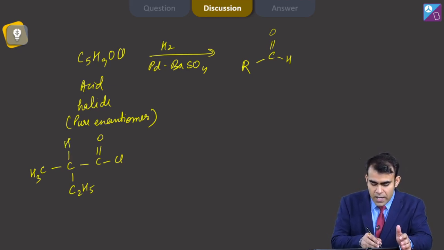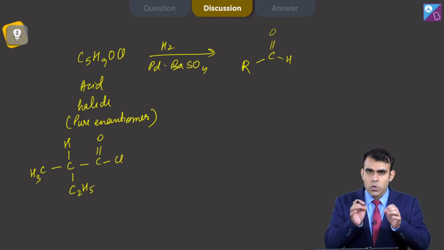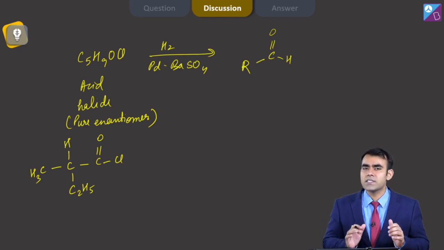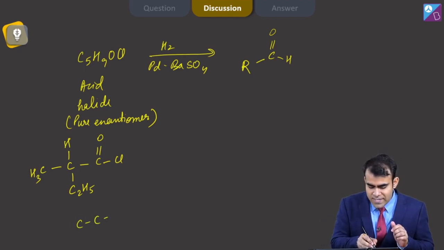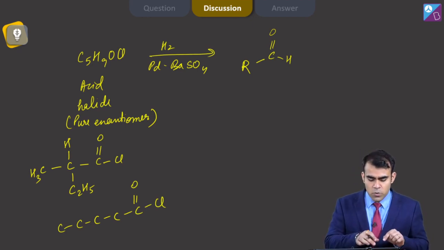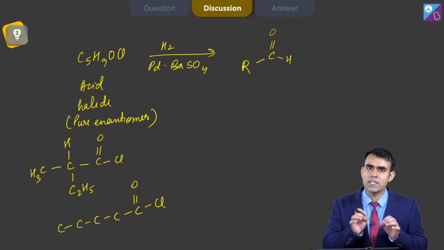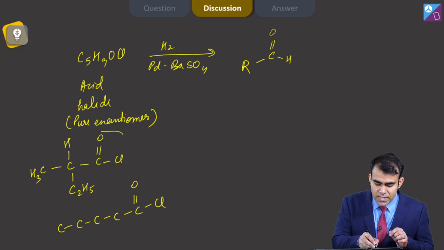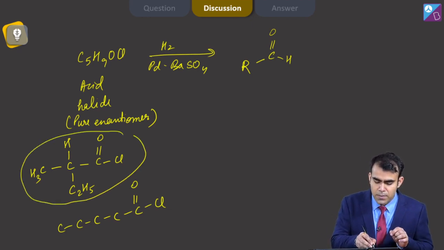So for example, if you try to make any other structure from this, like a straight chain, you will not get an optically active compound. If you do the branching, then also you will not get an optically active compound. So my this structure is determined.